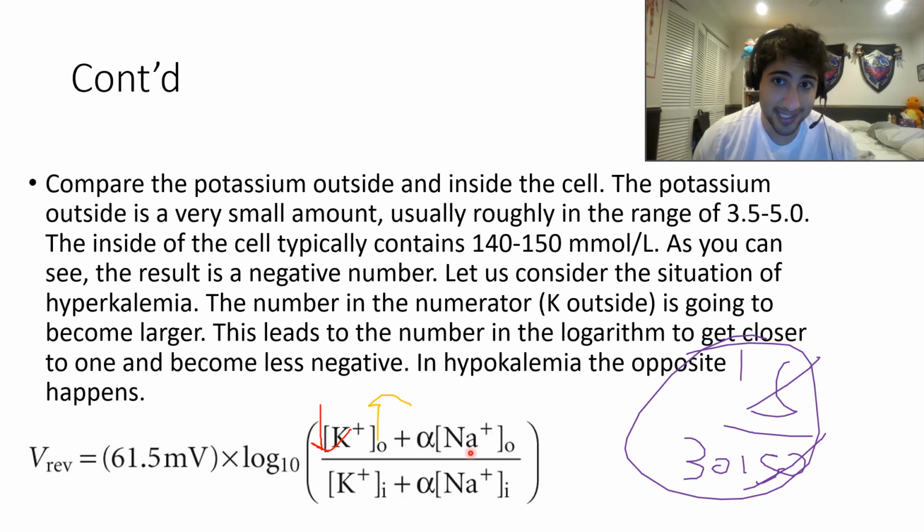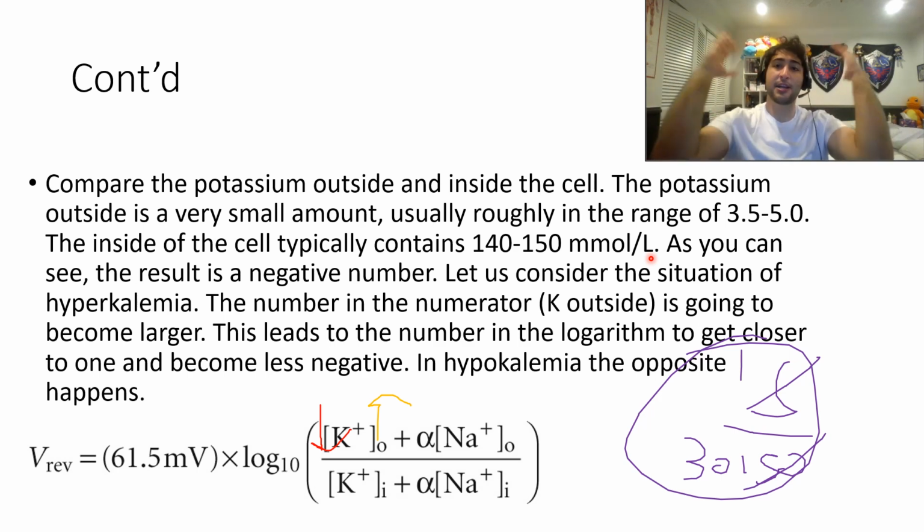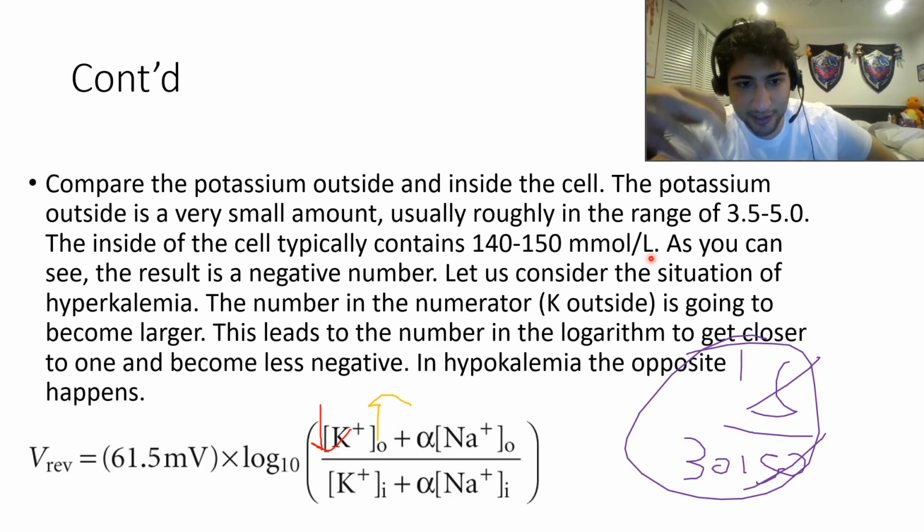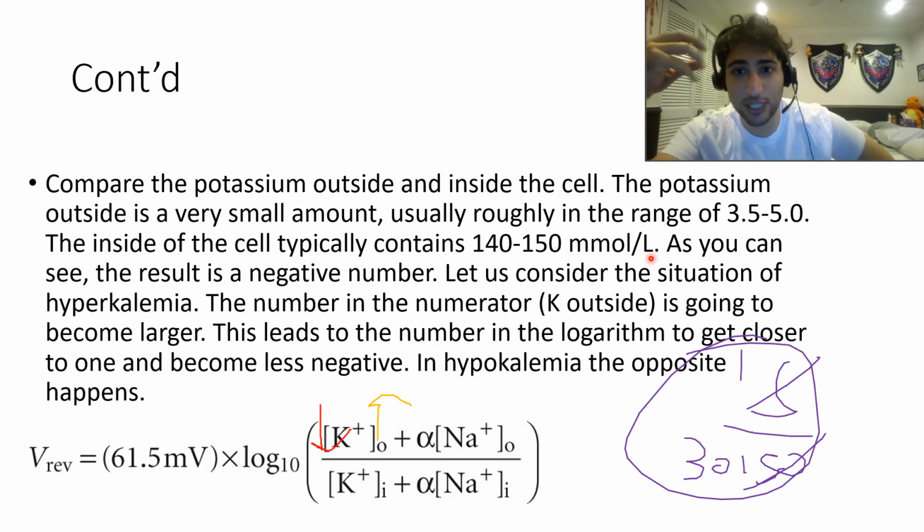The sodium outside the cell is kind of the opposite. The sodium outside the cell is about 140, so small changes in sodium don't really produce a large magnitude of neurologic or physiologic deficits, because it's a very large number. You would need a much larger change in sodium concentration to actually produce a meaningful change in the Nernst potential.